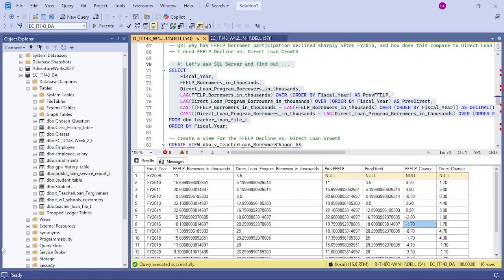We can quickly see that this strongly implies a policy-driven shift. The decline in FFELP participation directly corresponds with the strong growth in the direct loan program.